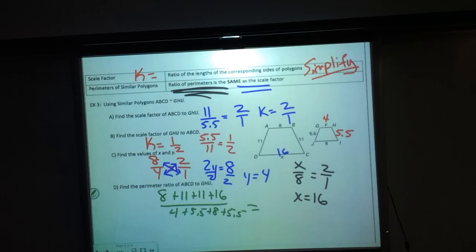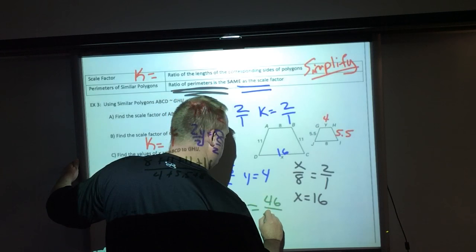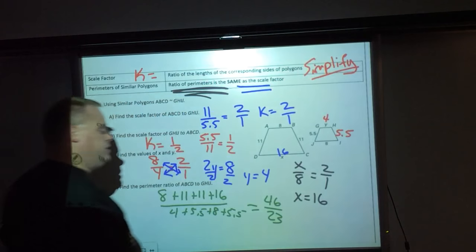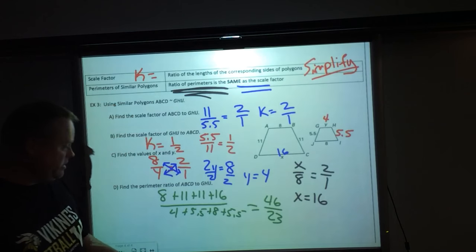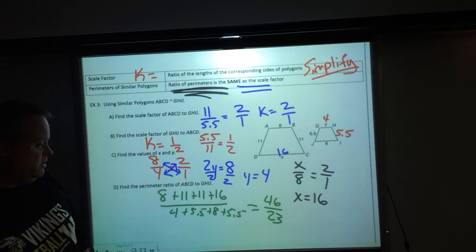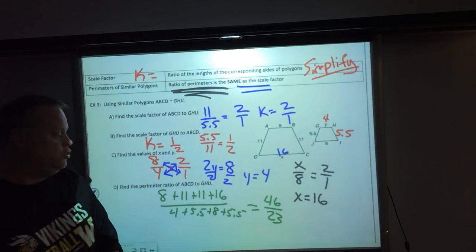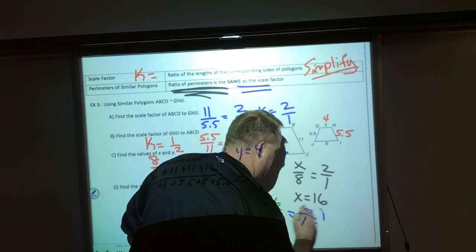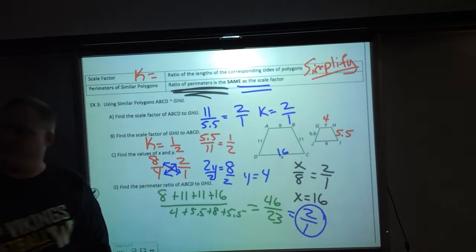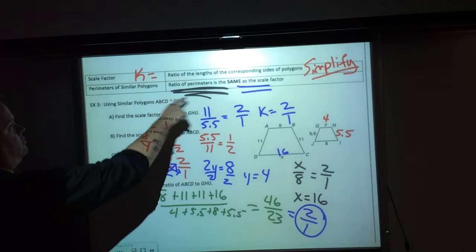Let's add them up using the calculator. I get 46 over 23. In the calculator, take 46 and divide it by 23. What are you going to get? You get 2 over 1.